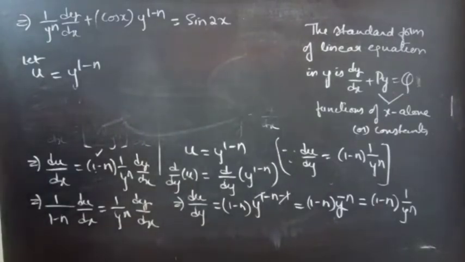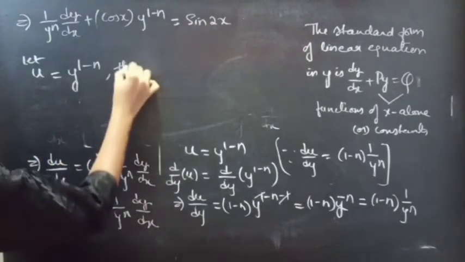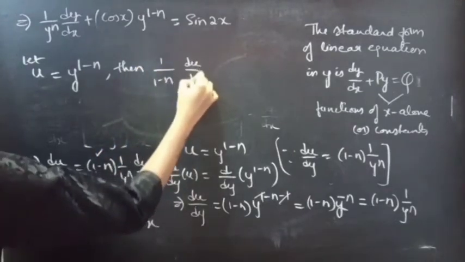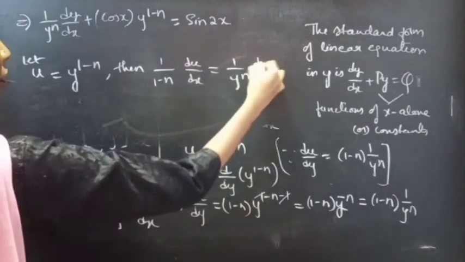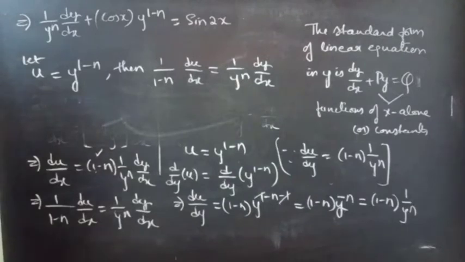So when u equals y power 1 minus n, then 1 by 1 minus n into du by dx equals 1 by y power n into dy by dx.